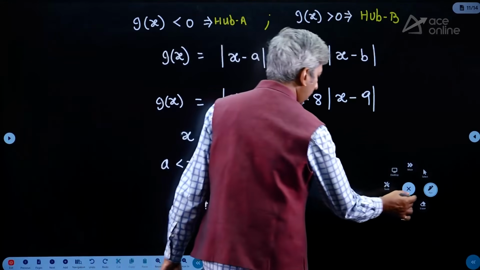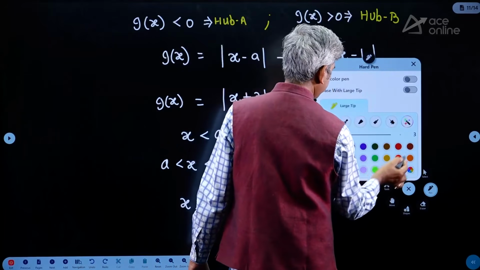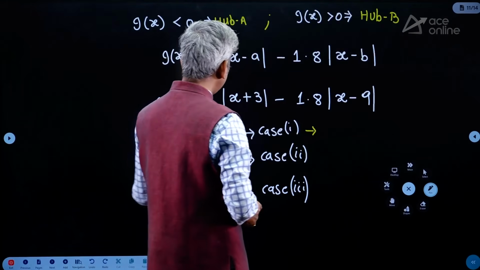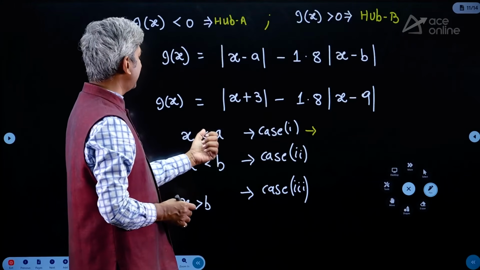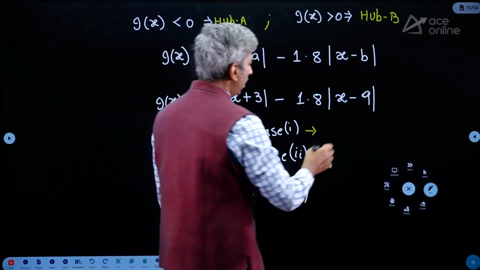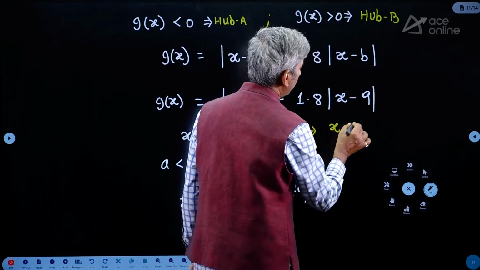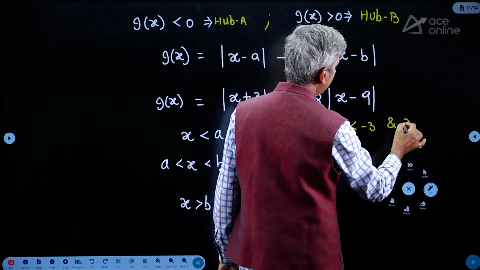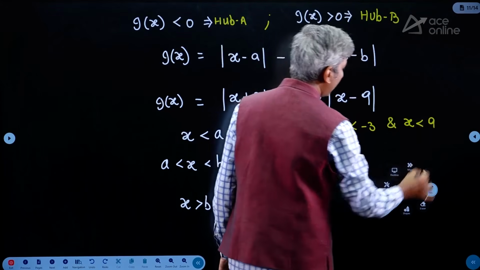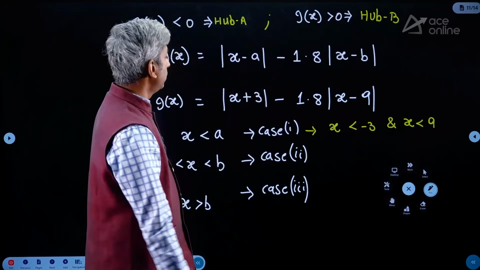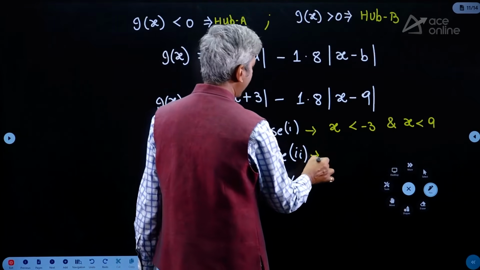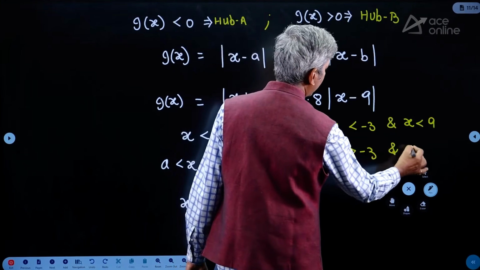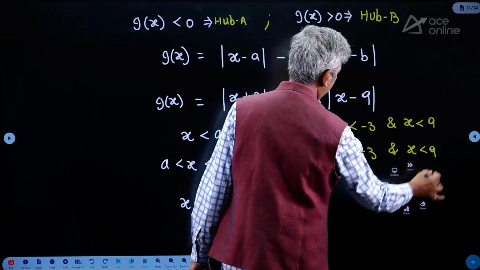So, associated with the first case, x is less than a means your x is less than minus 3, as well as x is less than 9 also. Similarly, associated with second case, x is greater than minus 3 and x is less than 9.